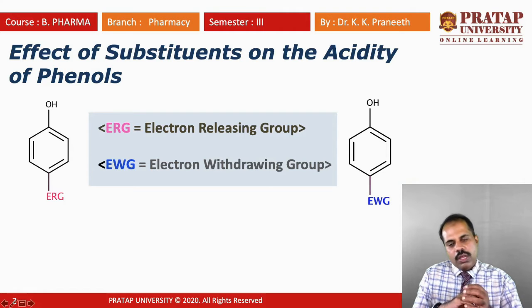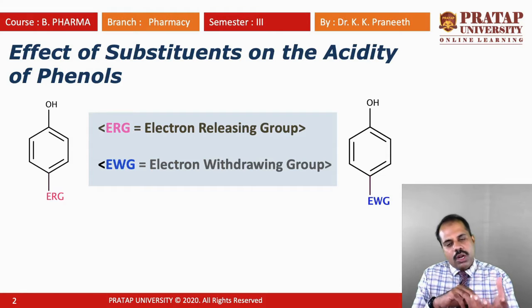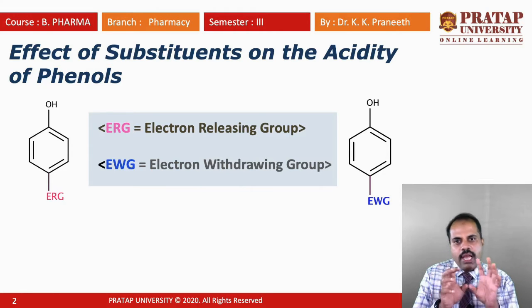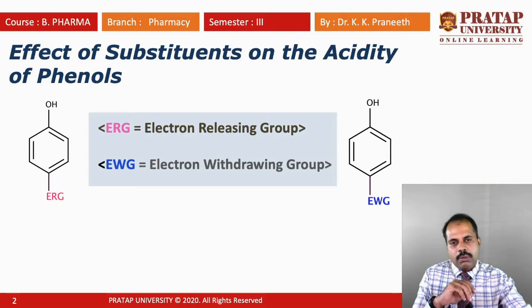As I told before, an electron withdrawing group takes electrons from the ring, because we already know that the ring contains electrons, right? The circulation of electrons, that pi bond, is actually electrons. One pi bond contains 2 electrons, so there are 6 electrons inside that aromatic ring. So an electron withdrawing group or electron releasing group can affect this property.